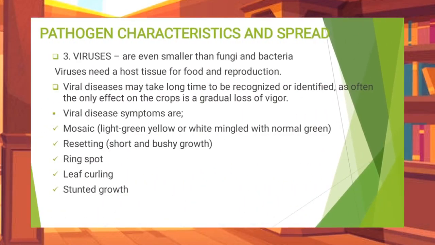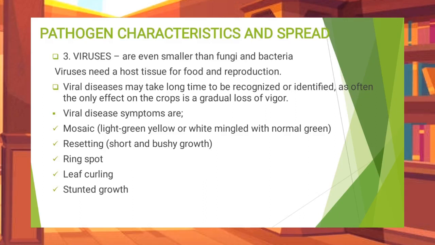Number 3, viruses are even smaller than fungi and bacteria. Viruses need a host tissue for food and reproduction. A virus cannot be recognized by itself alone. It needs a good host in order to be recognized and to reproduce, and it gets food from the plant where it lives. Viral diseases may take a long time to be recognized or identified, as often the only effect on the crops is a gradual loss of vigor.